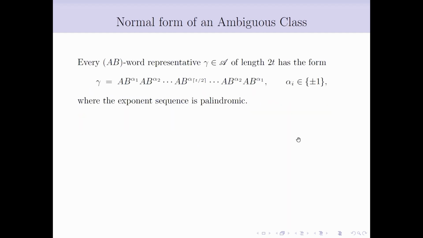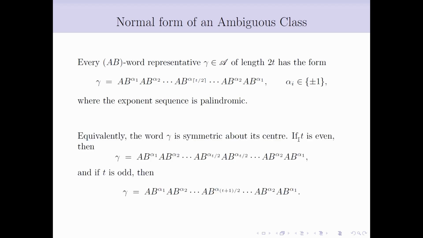And then we go on counting the ambiguous classes. So similarly, we developed a normal form for the ambiguous classes, which is like a palindrome in the modular group. And this word is symmetric about its center.